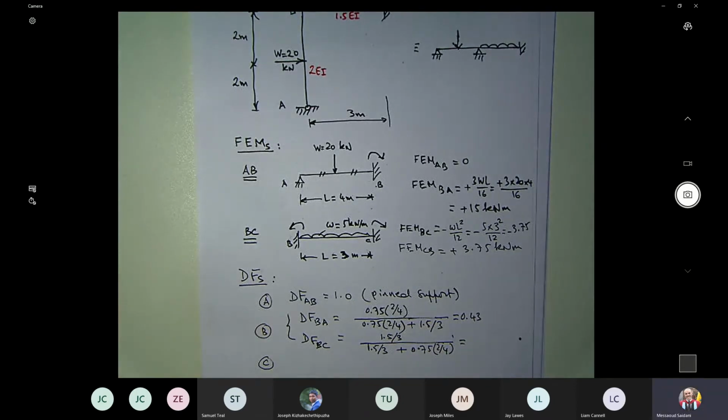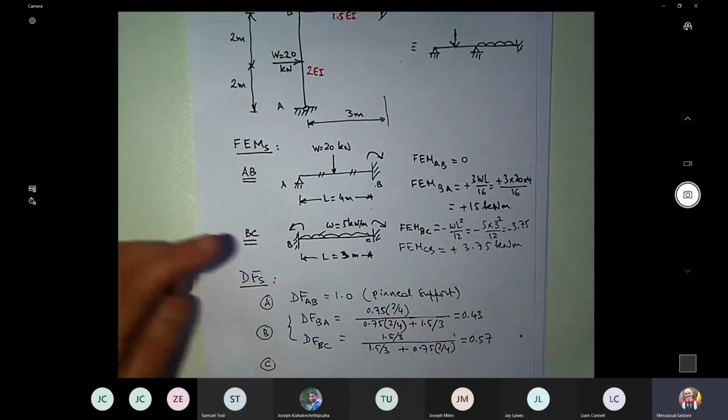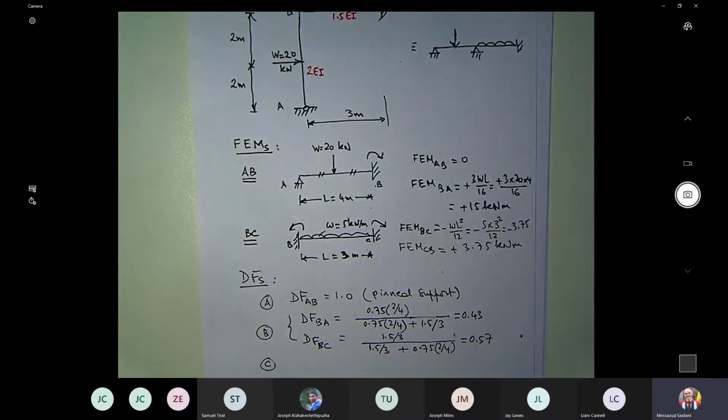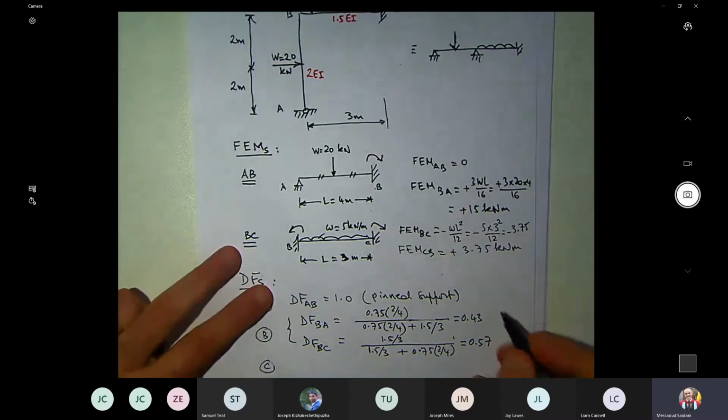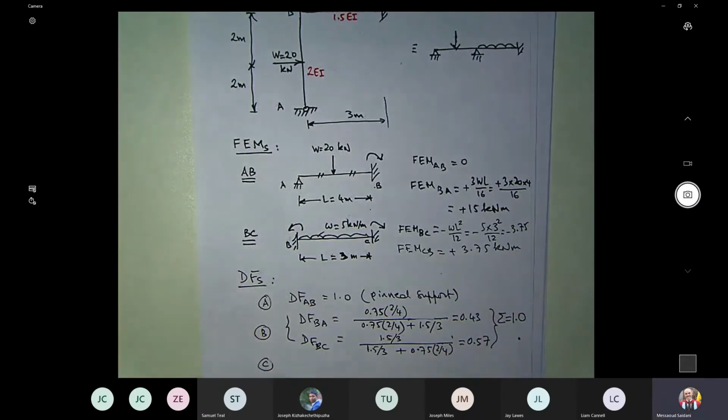And again, if you can check this for me, please, I got 0.57. Thank you. And the good thing is the sum is 1, so that's good. So it gives us some satisfaction that the answer is right.